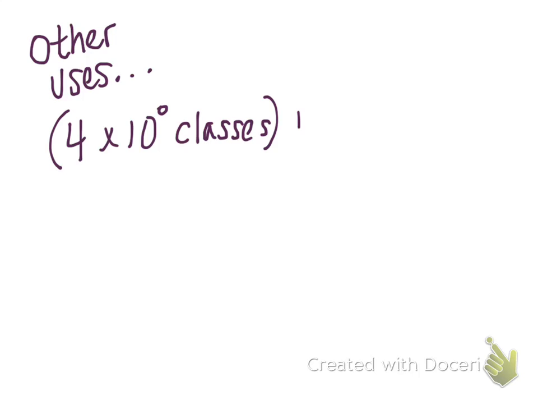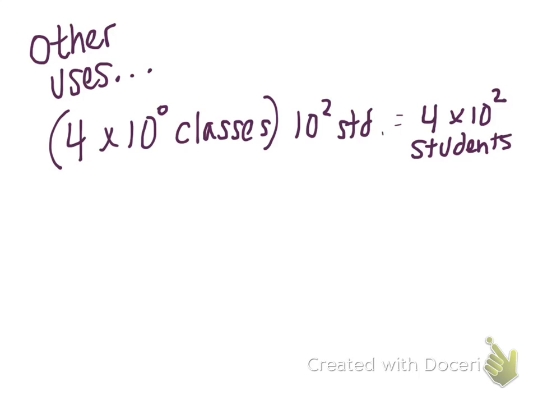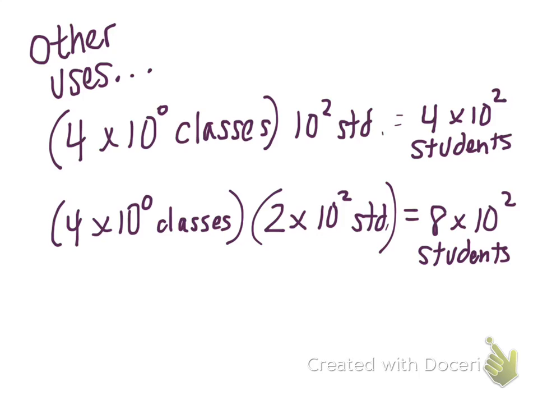If we assume that there are 10 to the second students in each class, we get an order of magnitude estimation of 4 times 10 to the second students. If we take the higher estimate of 2 times 10 to the second students in each of the 4 times 10 to the 0 classes, we come up with an estimate of 8 times 10 to the second students.